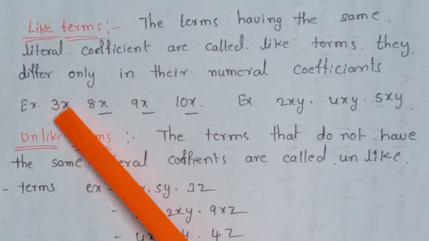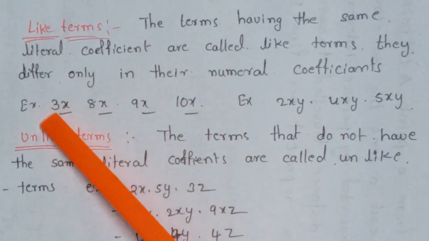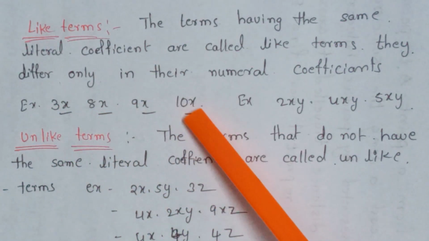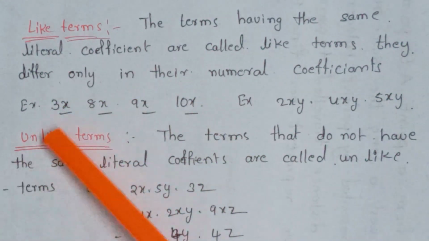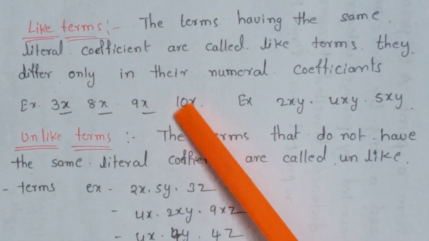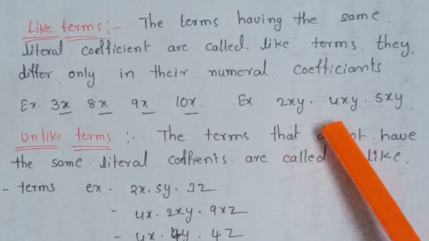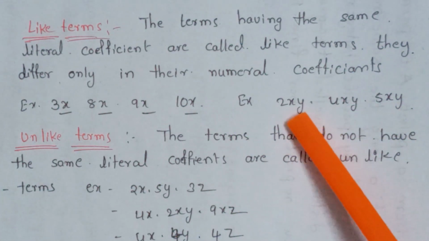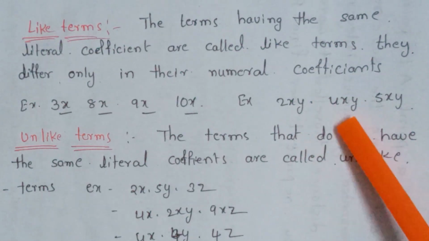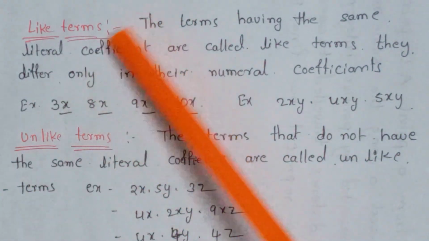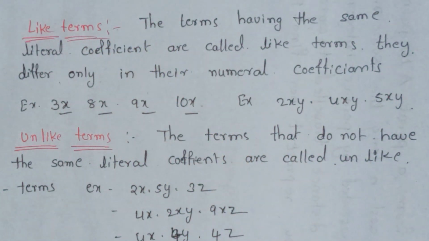For example, 3x, 8x, 9x, 10x. In this all literals are x, so different numerical coefficients are there. Another example: 2xy, 4xy, 5xy. In this, xy, xy, xy, the three are like terms. Like terms are those whose literals are the same.